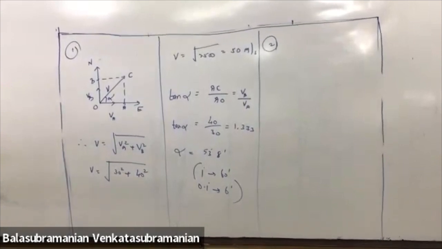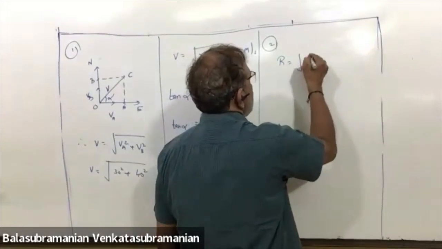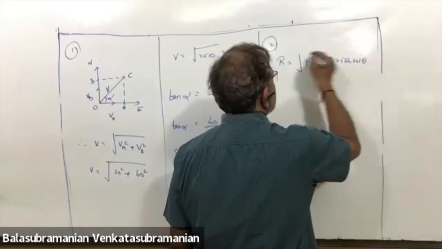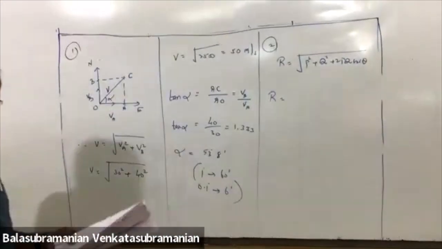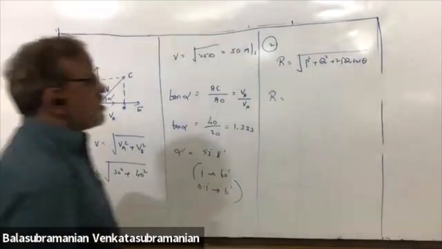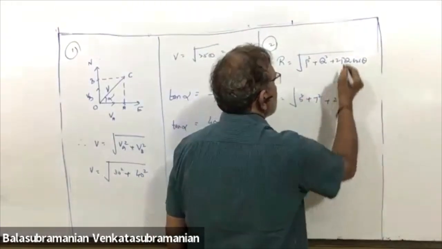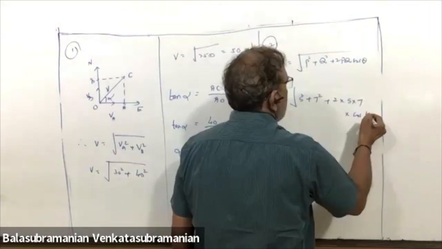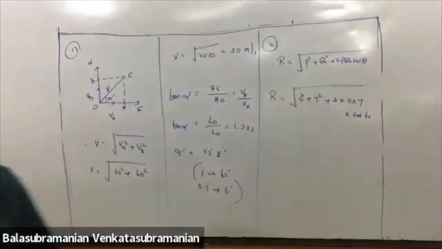Directly we have the formula, root of P square plus Q square plus 2PQ cos theta. What are the values of P and Q? 5 Newton and 7 Newton. Root of 5 square plus 7 square plus 2 into 5 into 7, and the 60 degree angle should be cos 60 degree.